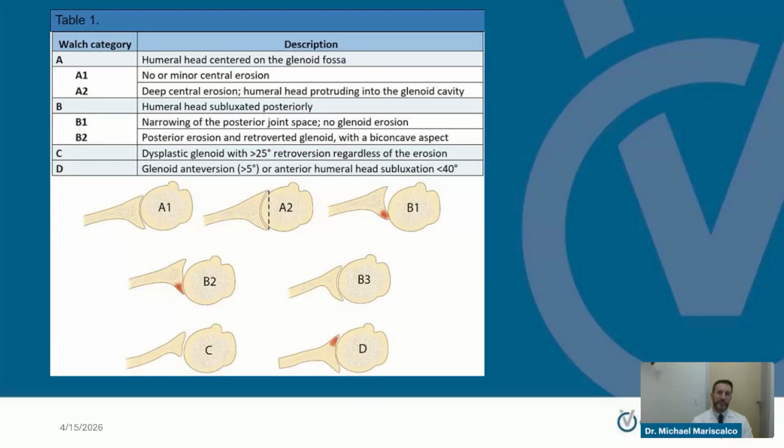And there are different categories of this, but I think it is pertinent and part of this discussion to understand that as this problem progresses, the wear pattern, not only of the cartilage, but of the bone, primarily on the socket side, can become problematic when one is considering procedures to fix the underlying problem. Next slide, please.